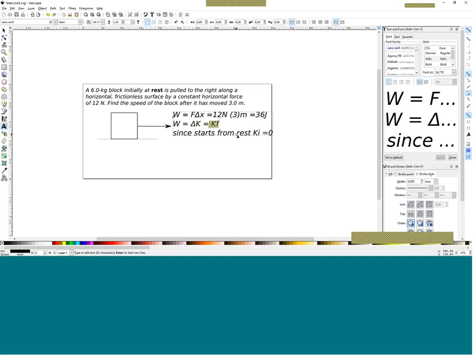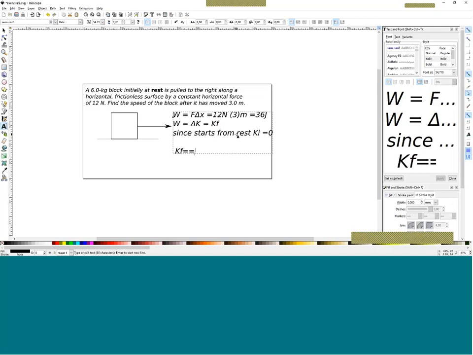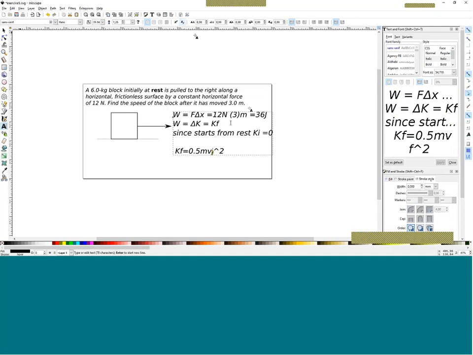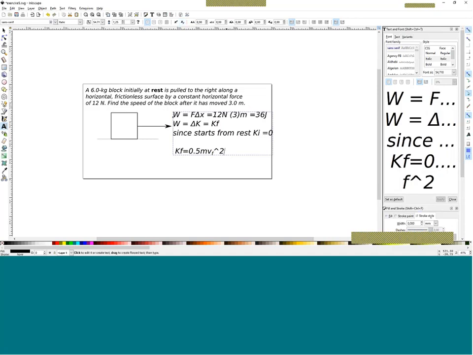Once we have that, determine what K final is. It's simply 0.5 times m times v squared, where v is final.